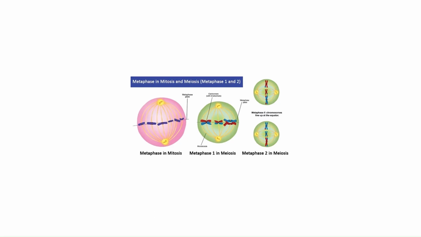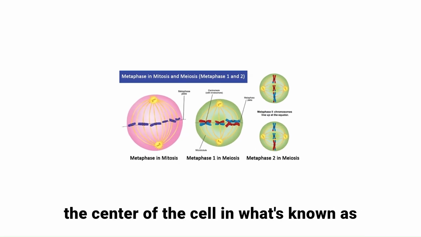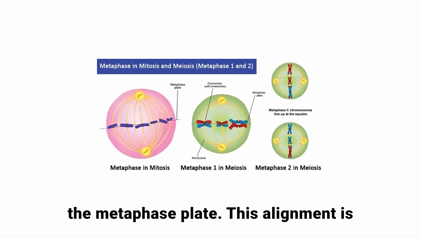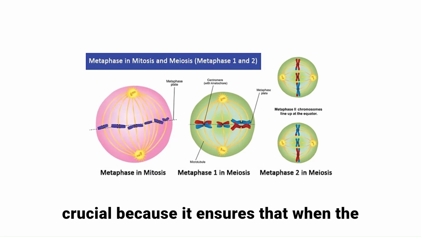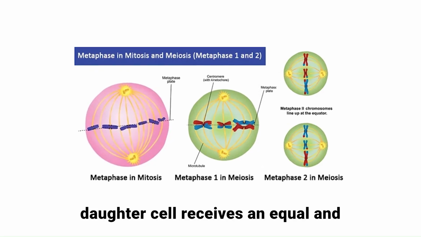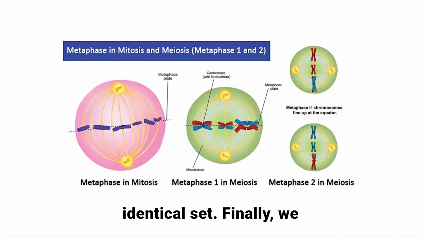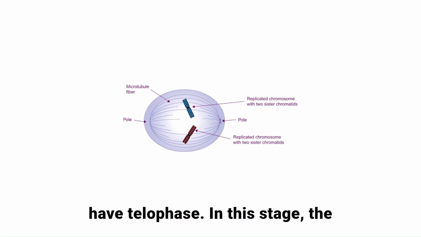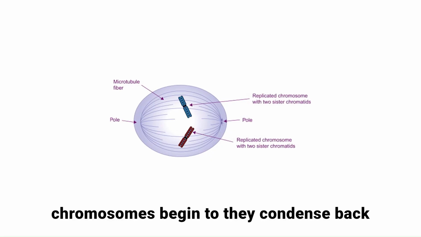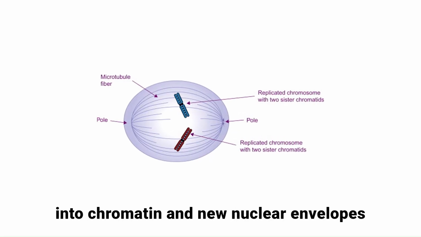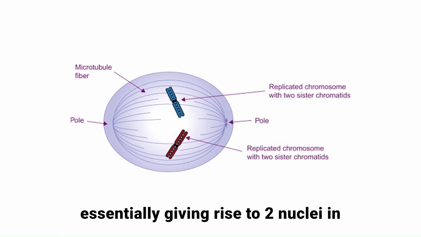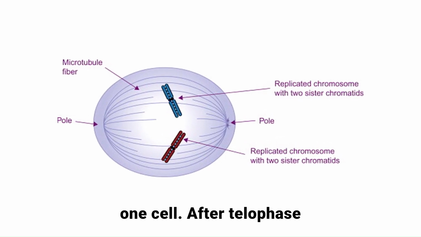Next is metaphase, where all the chromosomes line up along the center of the cell in what's known as the metaphase plate. This alignment is crucial because it ensures that when the chromosomes are pulled apart, each daughter cell receives an equal and identical set. Finally, we have telophase. In this stage, the chromosomes begin to decondense back into chromatin, and new nuclear envelopes form around the two sets of chromosomes, essentially giving rise to two nuclei in one cell.